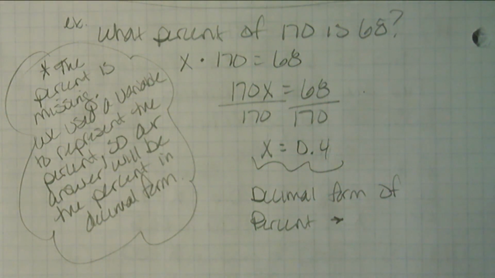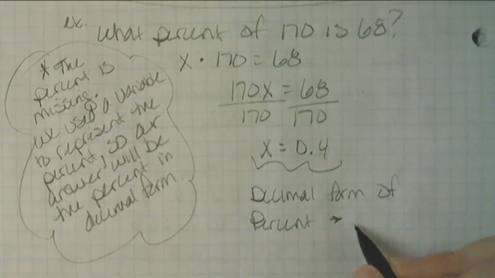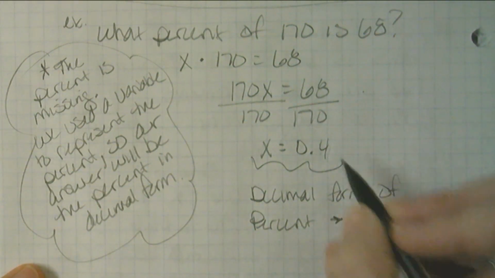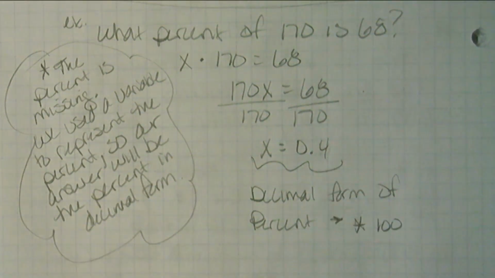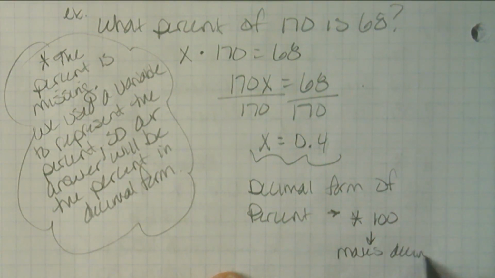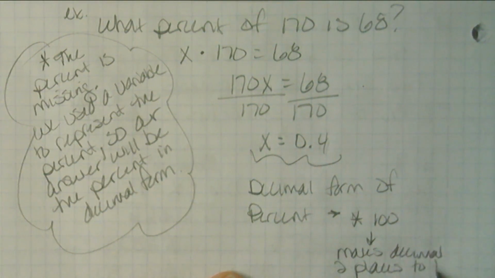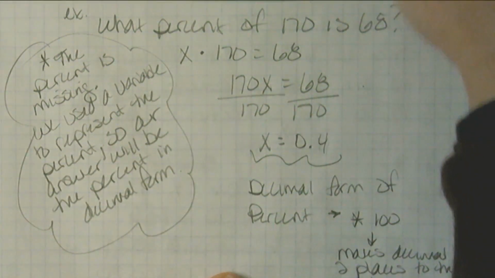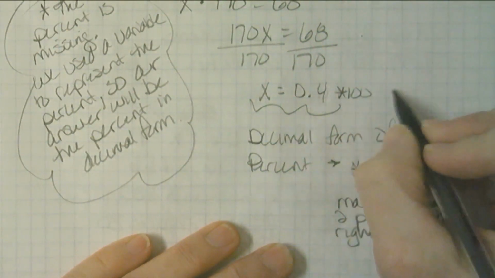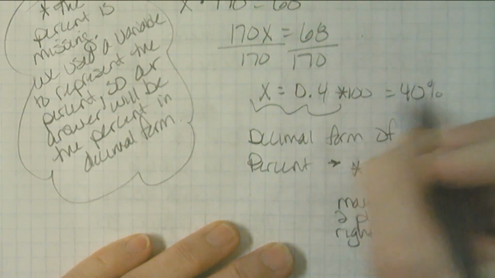Not times 10. Times 10 would give me 4. Yeah, I need to multiply by 100. So if I multiply by 100, that moves my decimal 2 places to the right. Multiplying by 100 moves the decimal 2 places to the right. So we end up with 40%.